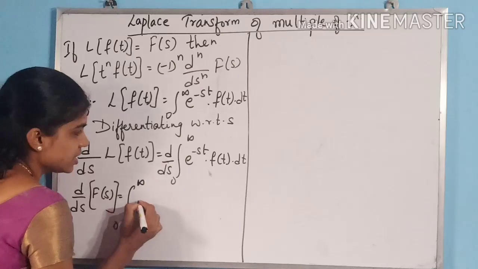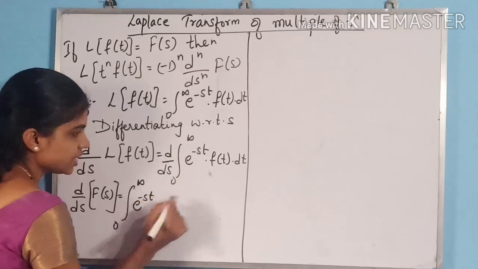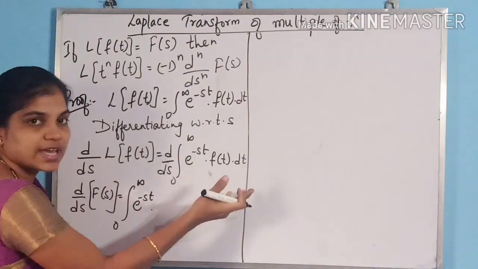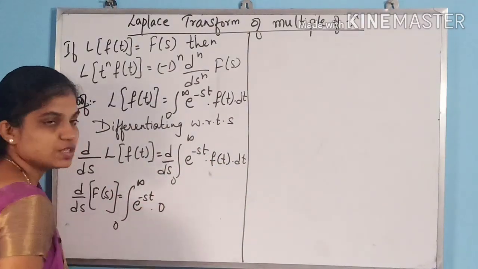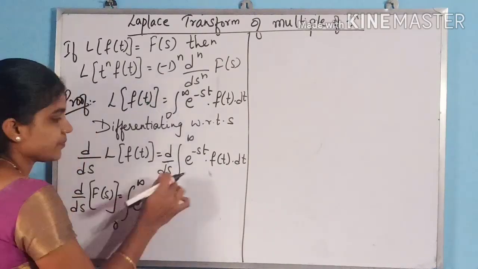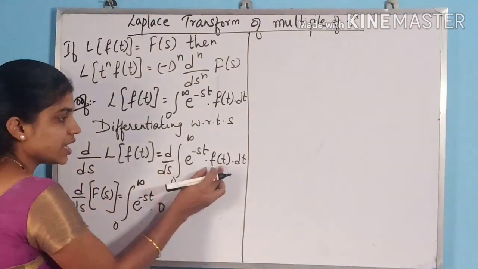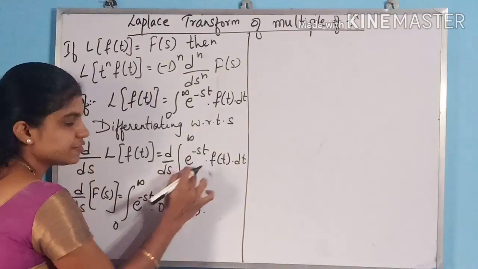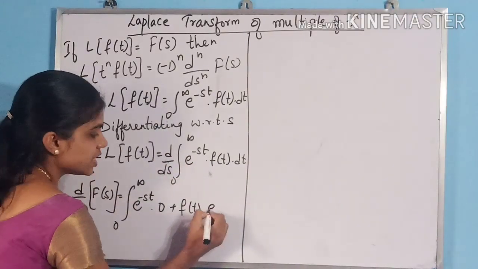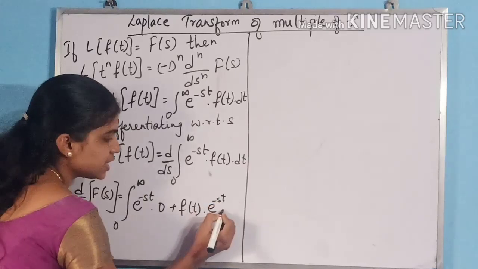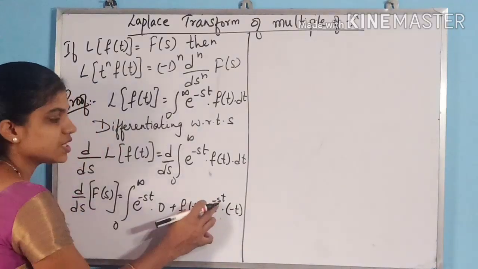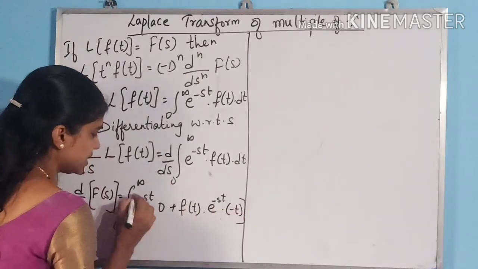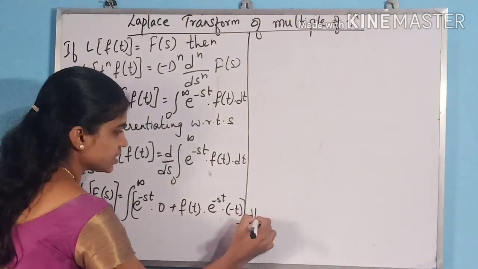So e^(-st) into d/ds of f(t) is going to be 0, because we don't have an s term there. So it is going to be 0 plus d/ds of f(t) remains constant, and the differentiation of e^(-st) is e^(-st) into minus t, because we are differentiating with respect to s. So this whole thing into dt.